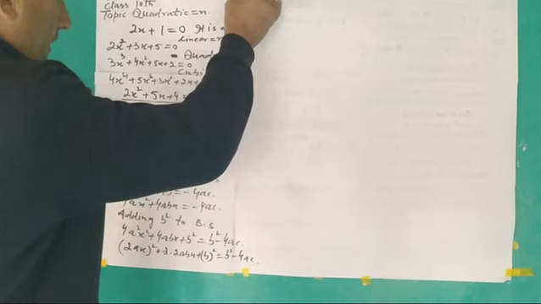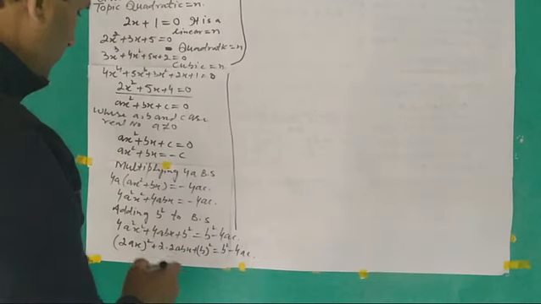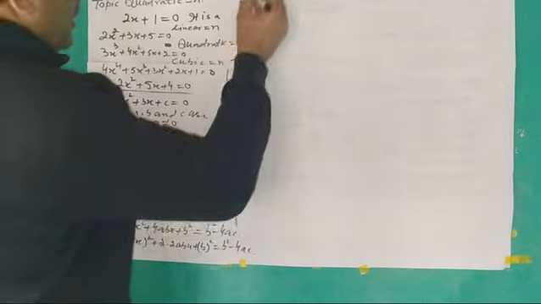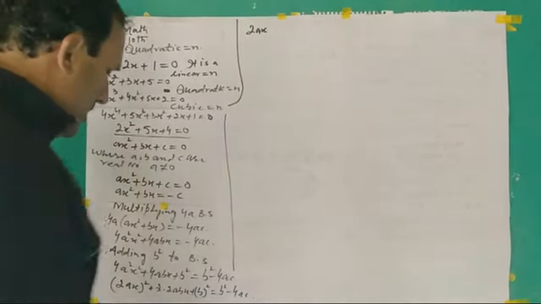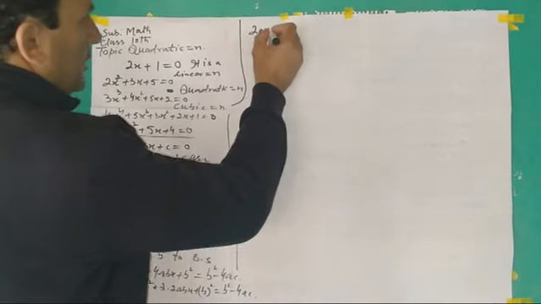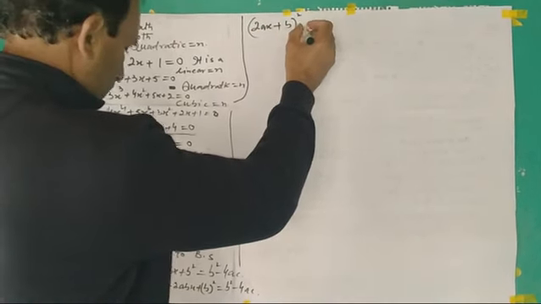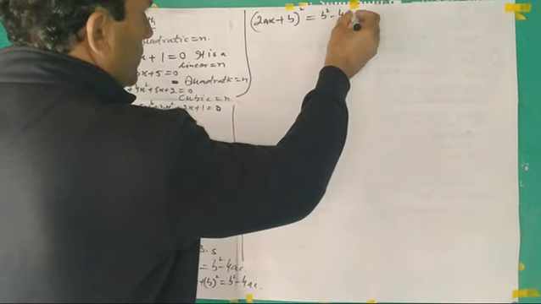So we can write here, this is a square, that is a plus b, that is a is here 2ax and b is b whole square is equal to b square minus 4ac.